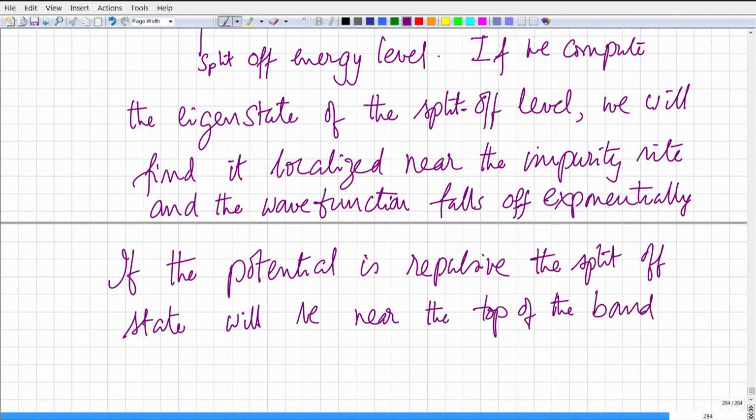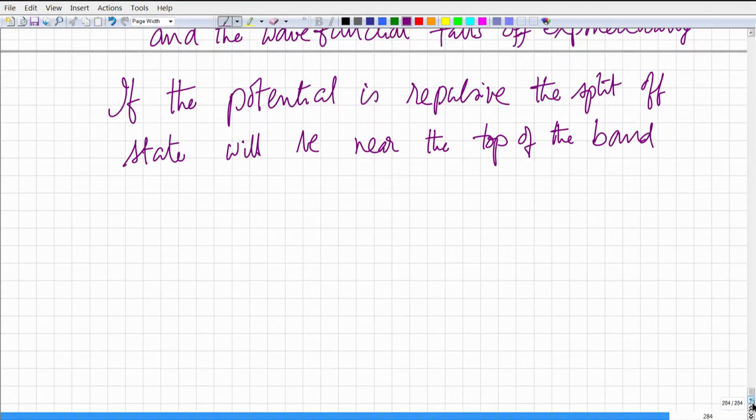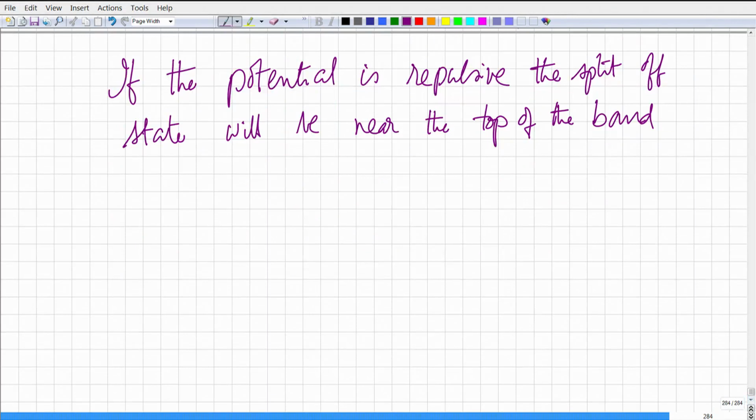So what we learn from this is that when you have a single impurity, you have a localized split off state, and all the other states of the Hamiltonian are perturbed only marginally, and that is an interesting result. We will have occasion to think of a large number of impurities or disordered systems. We will talk about that sometime in the future.